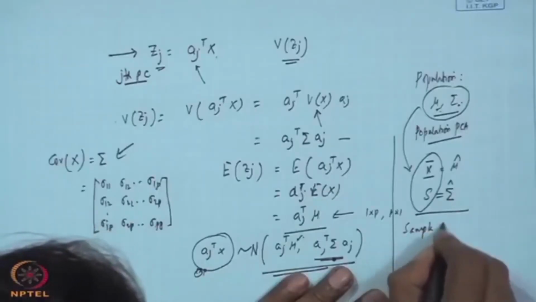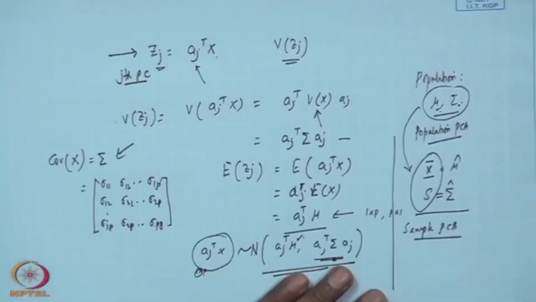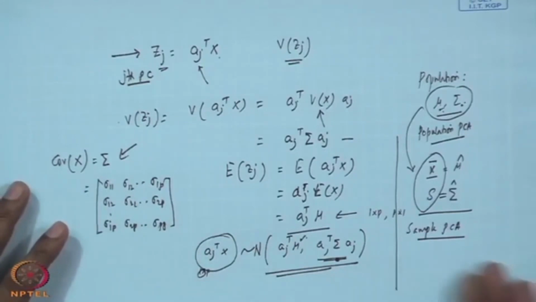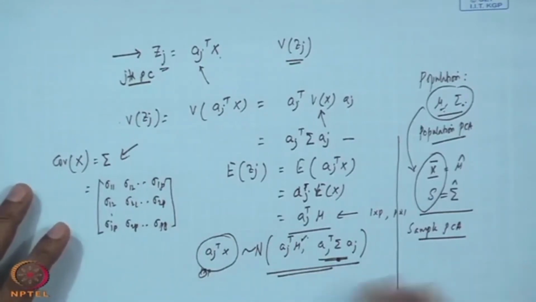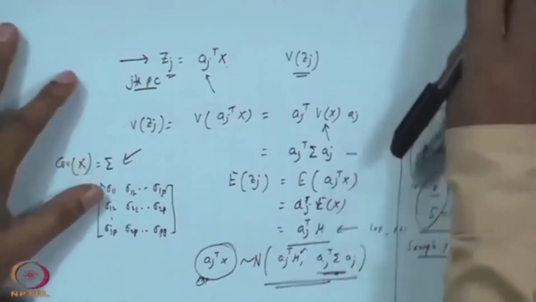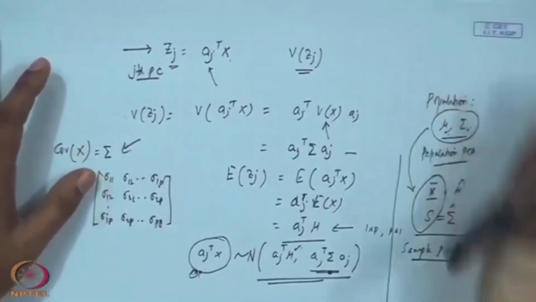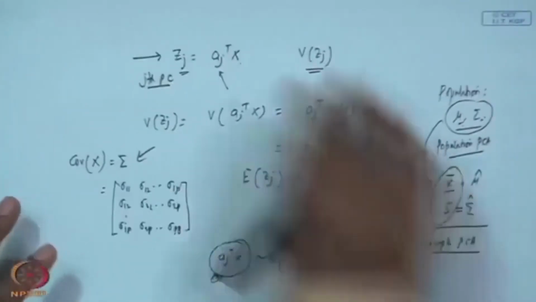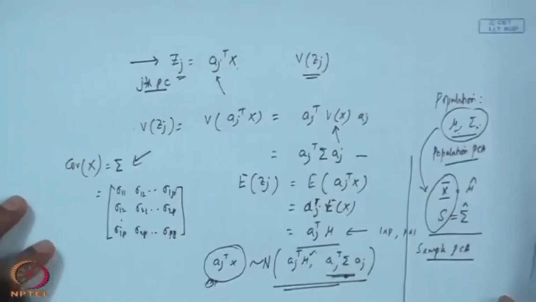We will be writing this as sample PCA, and essentially population PCA is not possible. So, we will go for sample PCA, because when you are talking about applied principal component analysis, then we have to rely on the data and we will go by sample PCA. Next we will discuss sample PCA, that means how we will extract all those things.